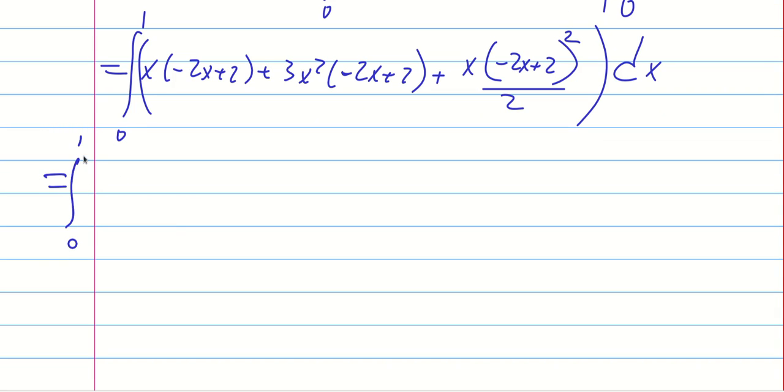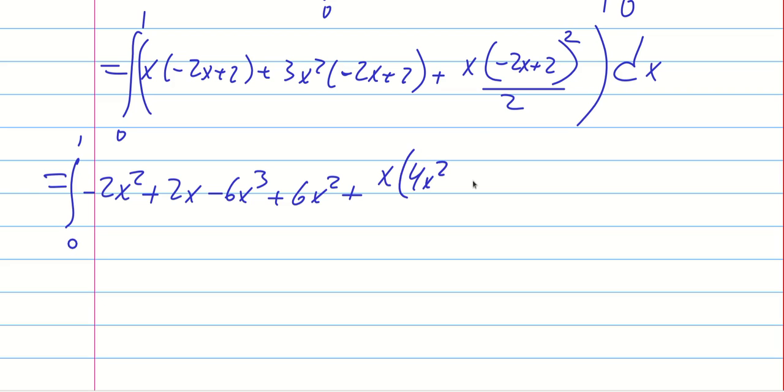We have an integral from 0 to 1 of -2x² + 2x - 6x³ + 6x², then we have x(4x² - 8x + 4) over 2 dx.